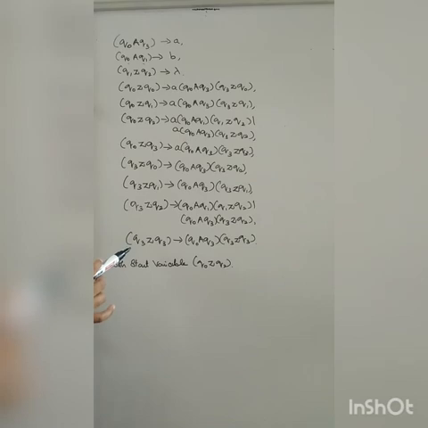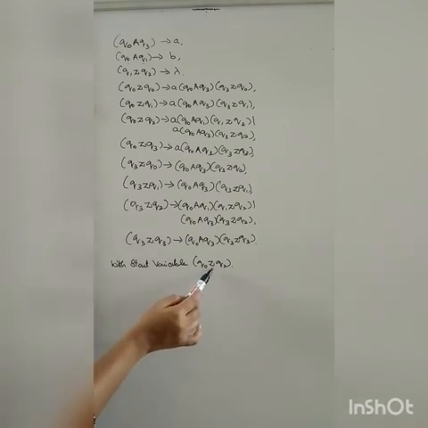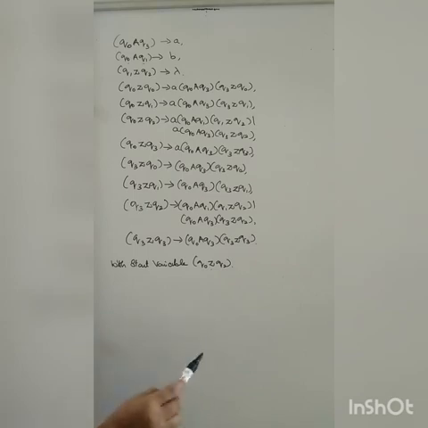So these are the main productions which are used for defining your non-deterministic push-down automata with the start variable Q0 Z Q2. Q0 is the initial state, Q2 is the final state.